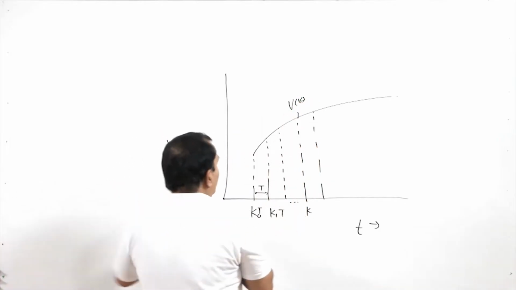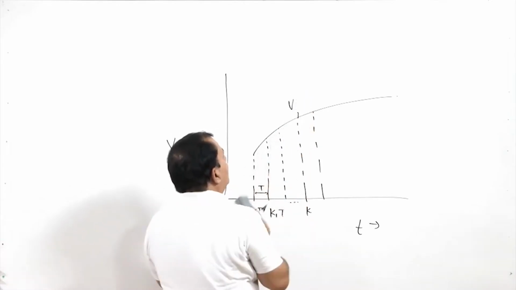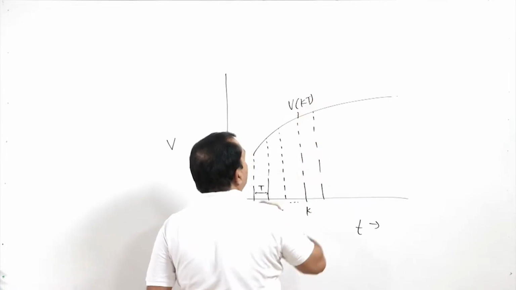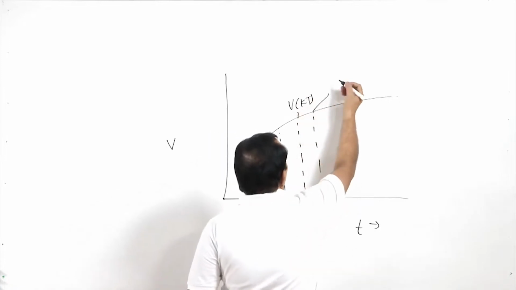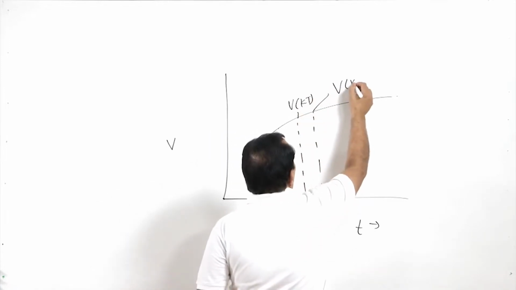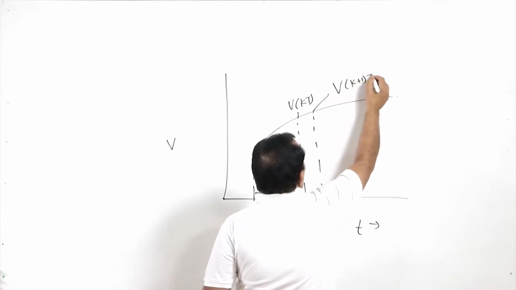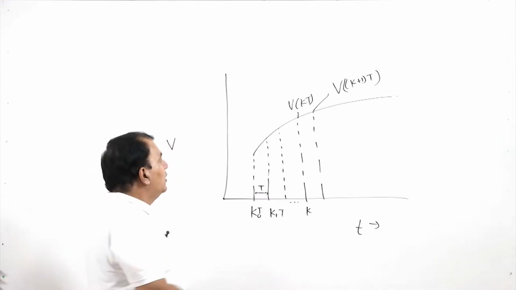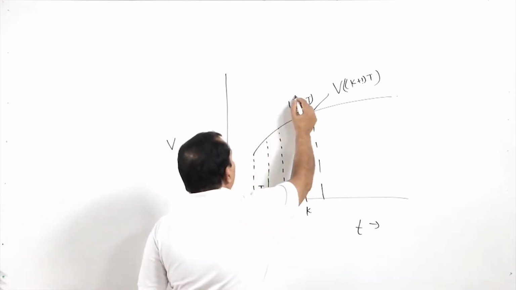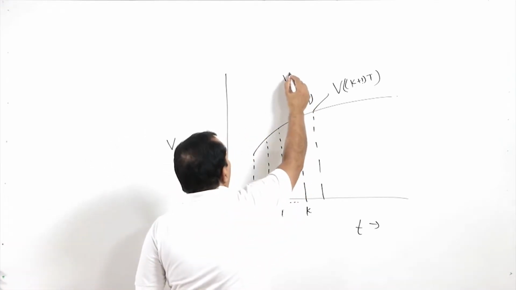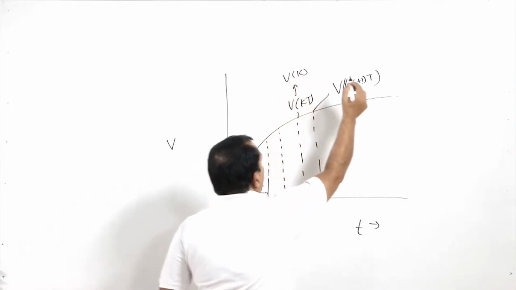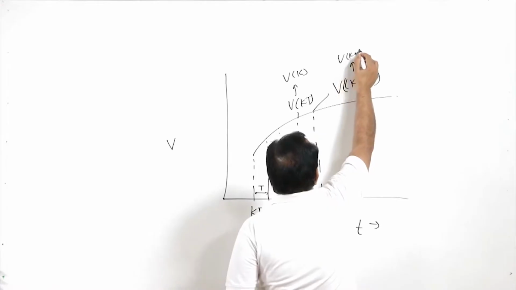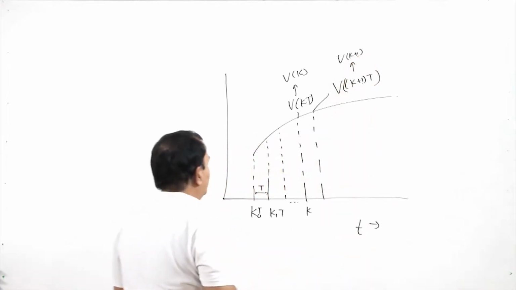and in the more general case we will write this as V at the instant kt, and this point I can write as V of k plus 1 t. So, in normal representation we represent this as Vk and this simply as V k plus 1.